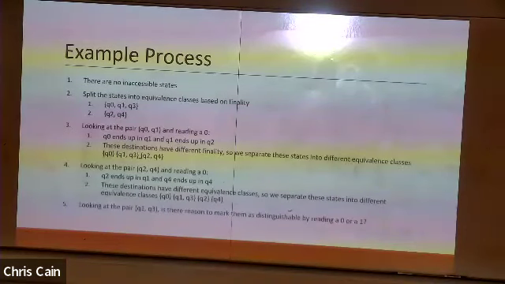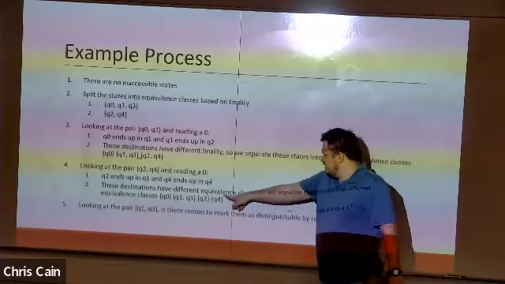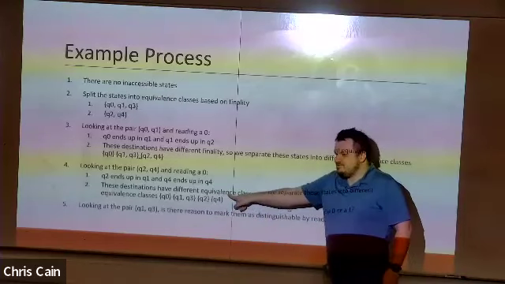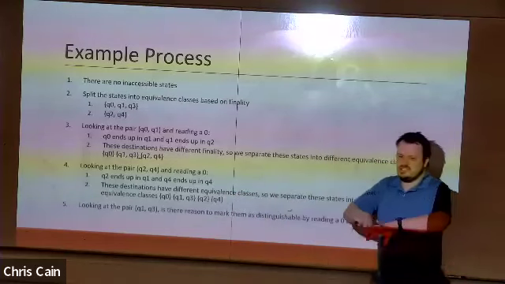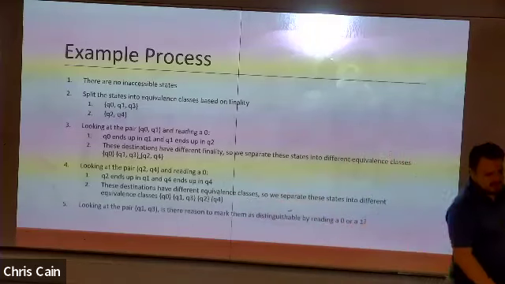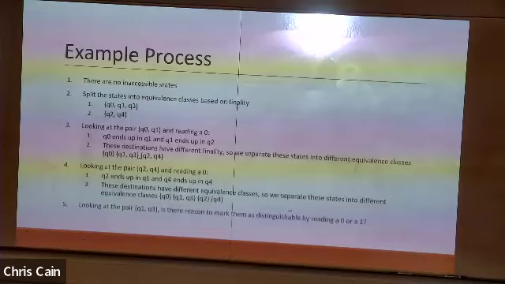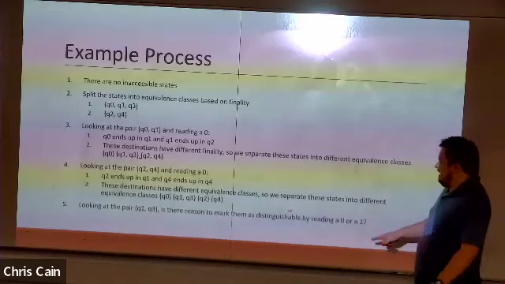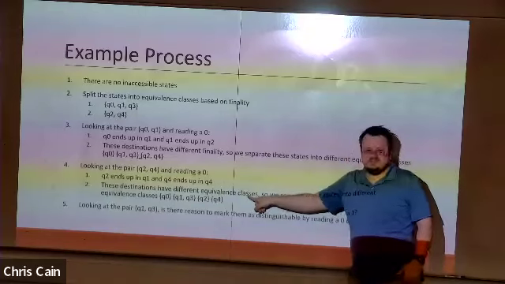Everything I said should be correct with one small exception: after the first separation of finality, you're checking not for different finality, but for whether the destinations have different equivalence classes. If they do, you mark the pair as distinguishable. Before, the slide said different finality when I meant different equivalence classes.